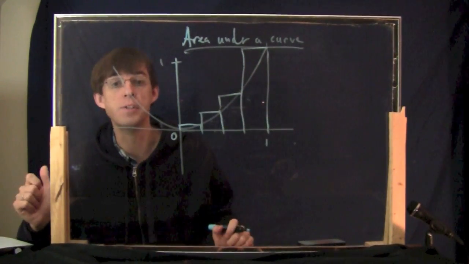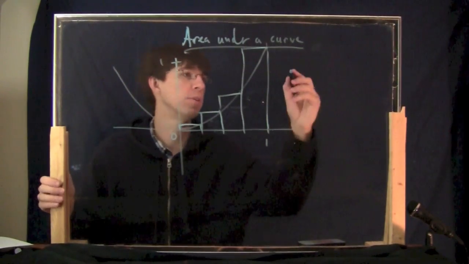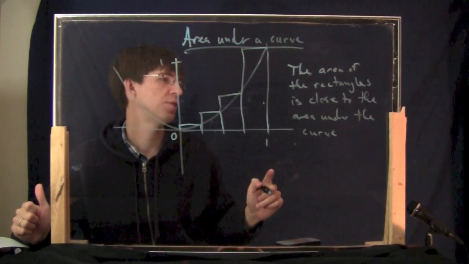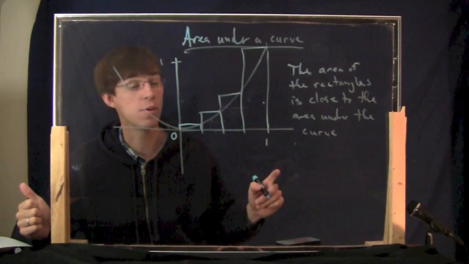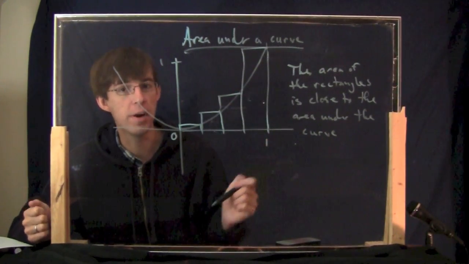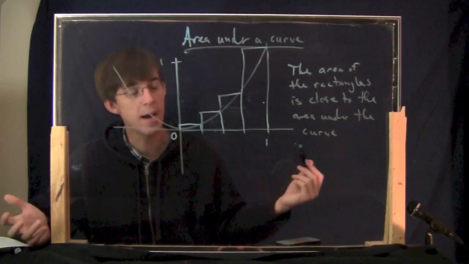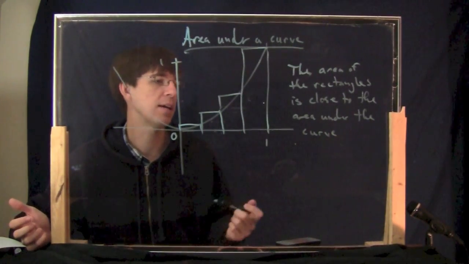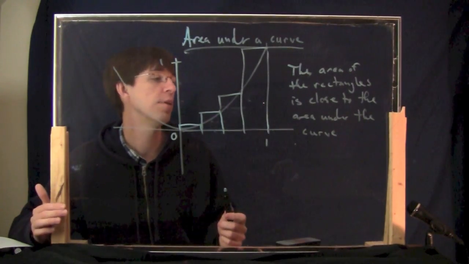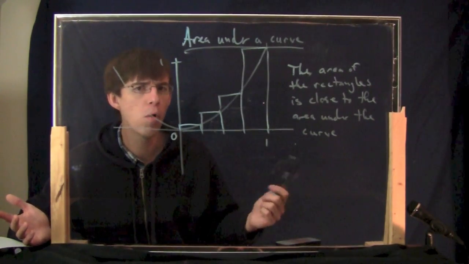And you don't have to be a genius to decide for yourself that the area of the rectangles is close to the area under the curve. By area of the rectangles, I mean if you took these 4 rectangles and added up their areas, that would be kind of close. I mean, maybe not exactly super close, but in this example, it would be kind of close to the area under the curve. Would it be more or less?